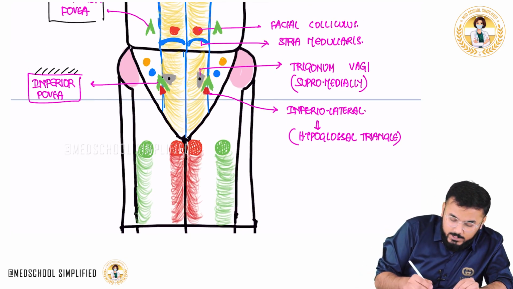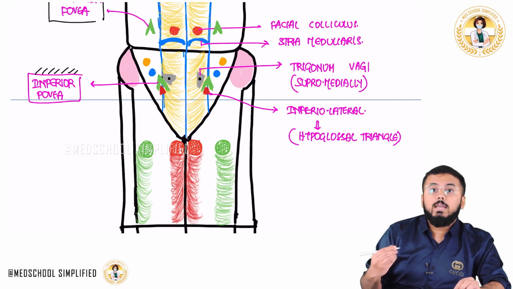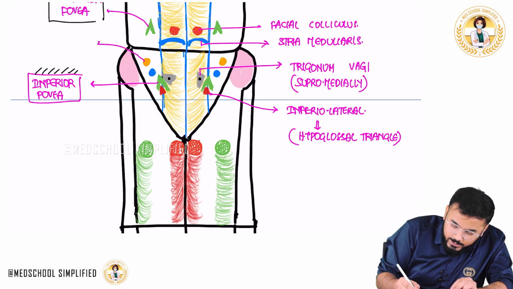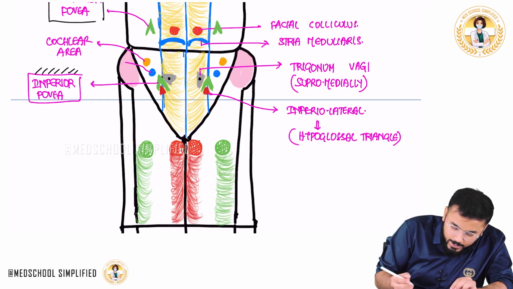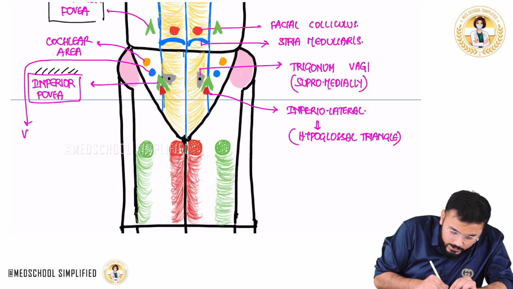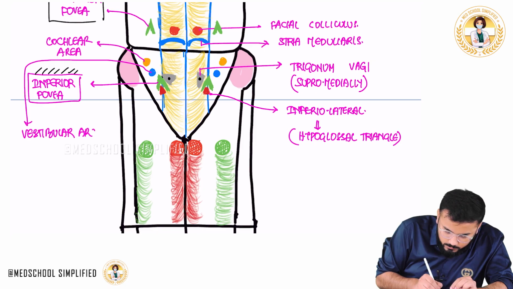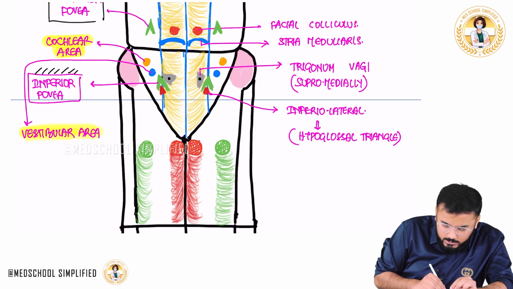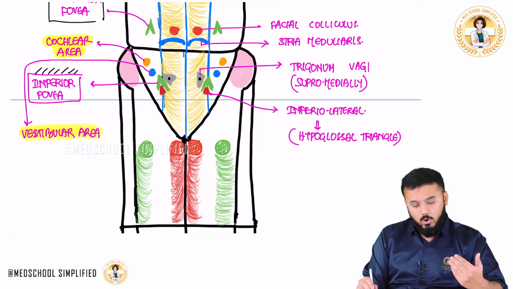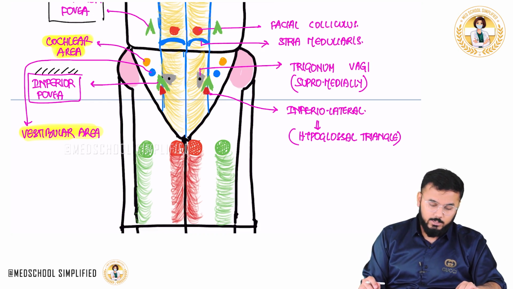One structure you can see here is called your cochlear area, and this particular blue one over here is called your vestibular area. So there are two areas over here: the cochlear area and the vestibular area. Clear, all of you? Right?